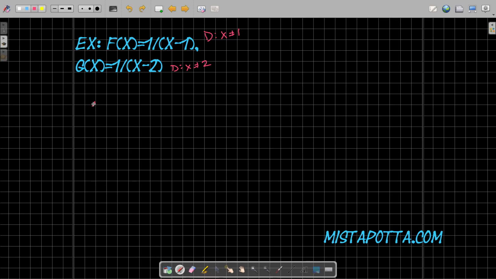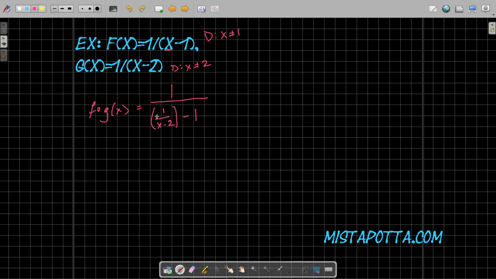So now if I evaluate f of g of x, that means that everywhere I see x in my original expression, I've got to replace it with this fraction. So I'm going to have 1 over something minus 1, and that something is x minus 2.